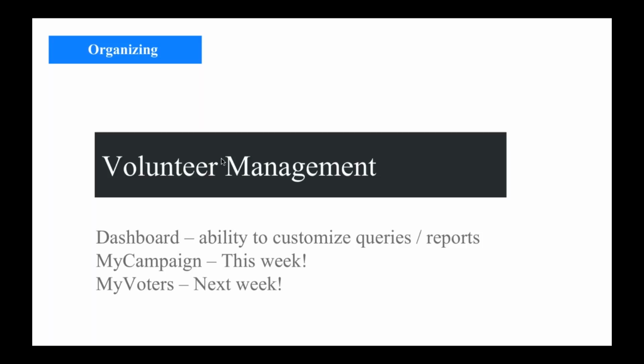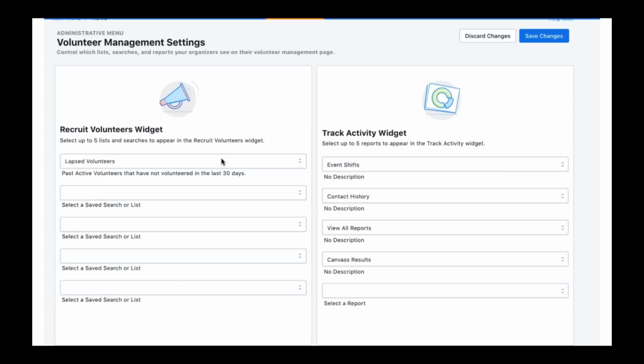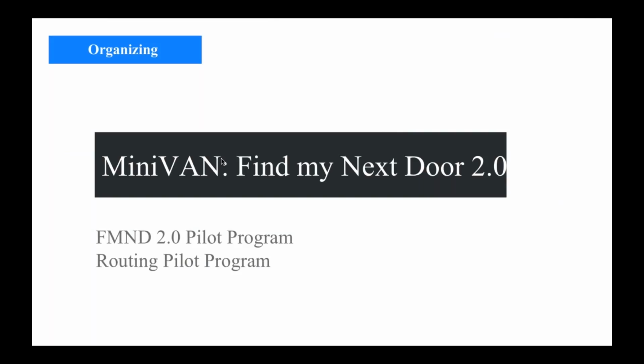And there are a couple other places where you can schedule people for events from the voter file. The other thing, again, the landing page is in both My Voters and My Campaign, and the ability to set these queries yourselves will also be available in My Voters. Perfect, thank you.